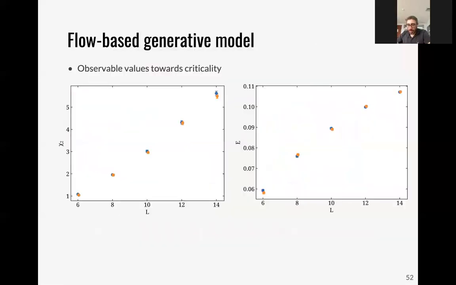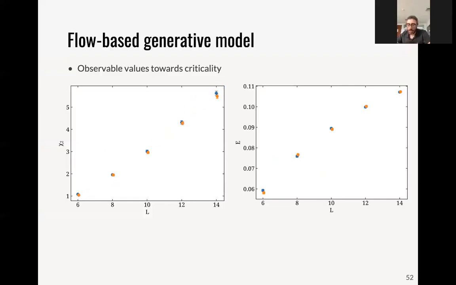And you look, for example, at the observable. So these are the observable values. This is just to check that the observables obtained using the neural network trained fields, and the observables you get from the simple Metropolis, or the classical, non-machine learning case, are consistent, right?